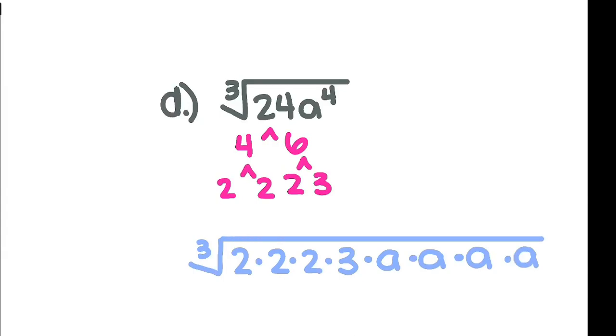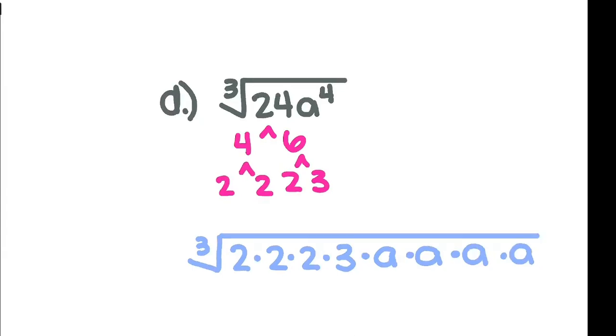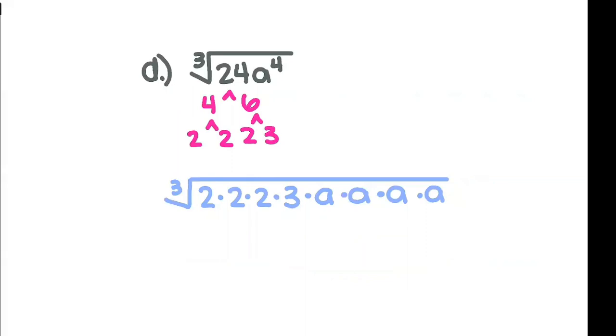Now my index tells me the amount of numbers I need to group together. In this case, it's that 3. So I need 3 2's, 3 3's, or 3 a's in order to pull 1 out. I have 3 2's, so one of them comes out to represent it. I only have 1 3, so I'm going to leave that alone.